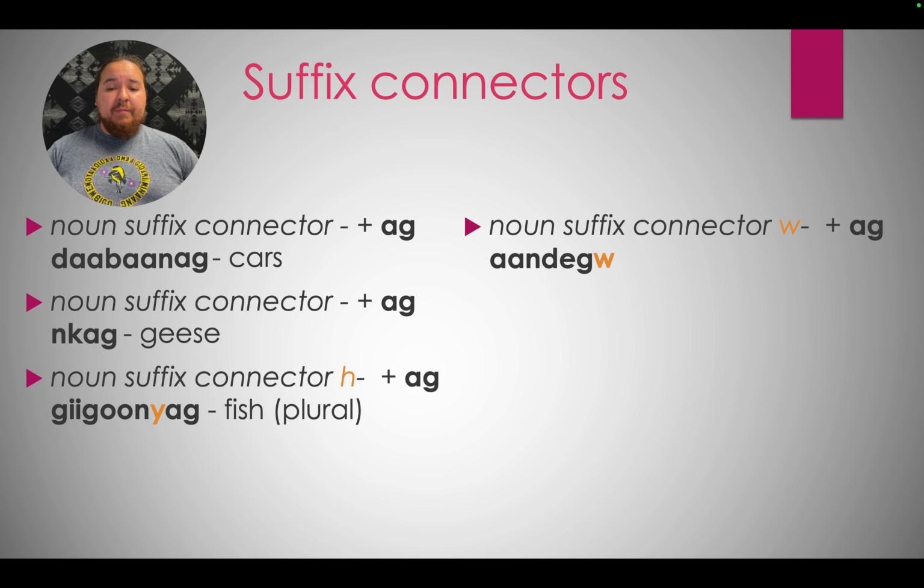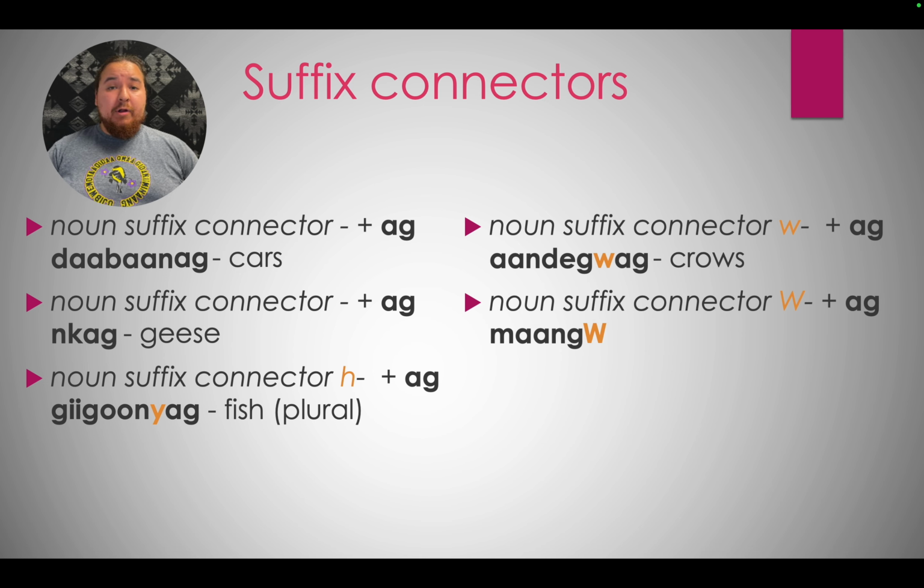For our lowercase w suffix connector, ondeg, when we add the plural suffix ag, you simply add it. Ondegwag means crows. Next here, for our uppercase W suffix connector, when you add the ag sound to mong, the W and A morph together to form a double O sound.